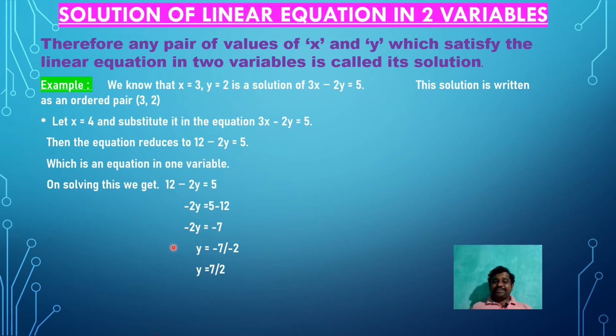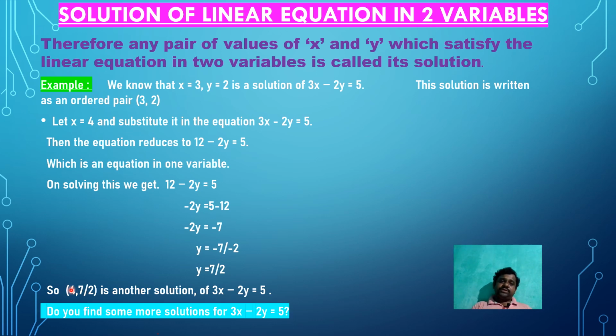Now what is the solution here? (4, 7/2), where the value of x is 4 and 7 by 2 is the value of y. This is called an ordered pair. We can write the solutions in the form of ordered pairs. Here this is the x coordinate, this is the y coordinate.